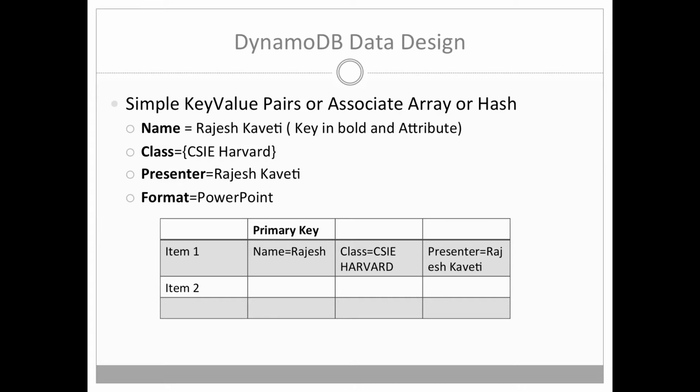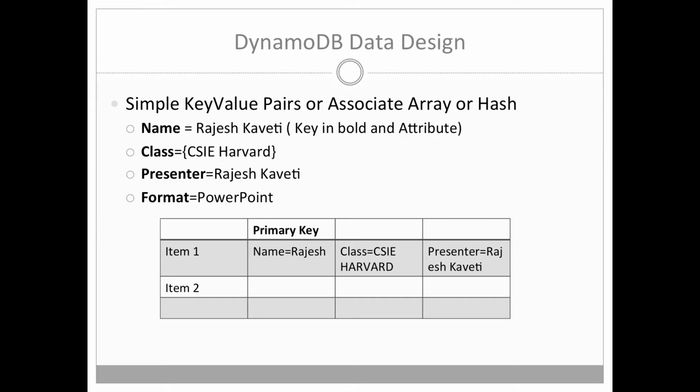You have to bear with me when I use these terms, items and attributes, but think of an item as a row in a table. The item has quite a few attributes. The item that I'm showing you right now is a profile of a presenter, where I have my name, I have my class, and I have given presenter as Rajesh Kaveti.